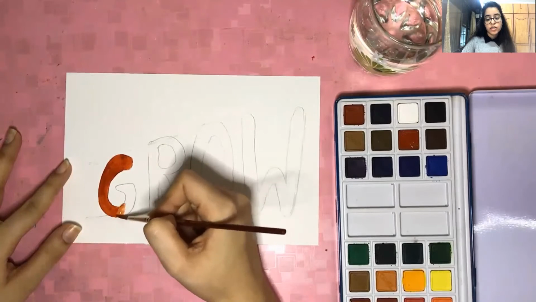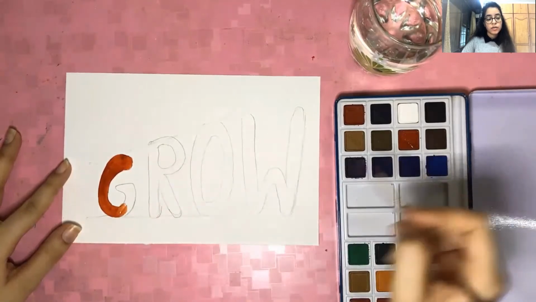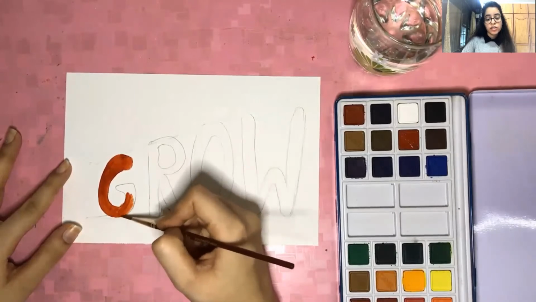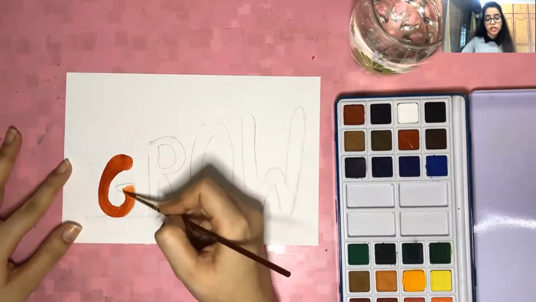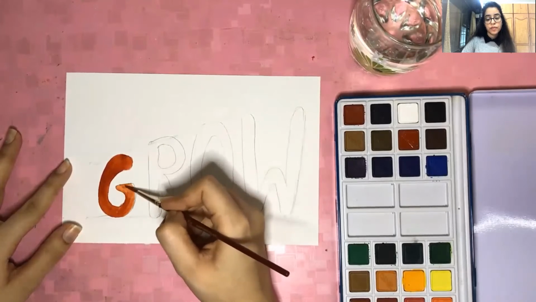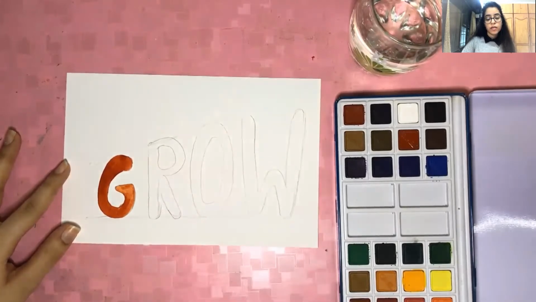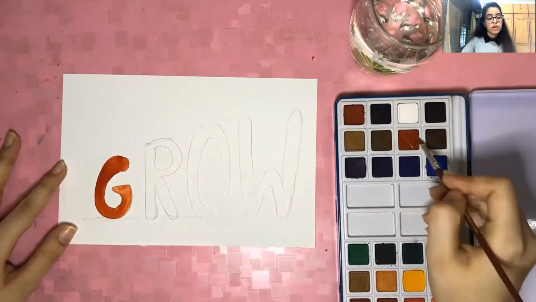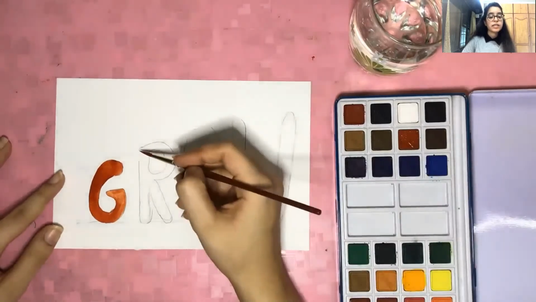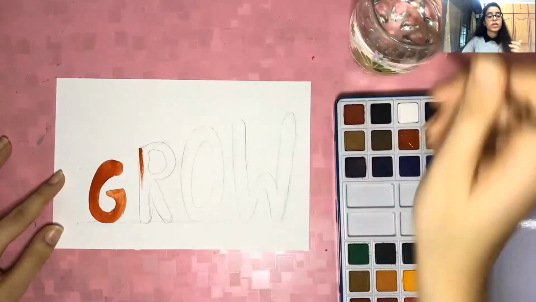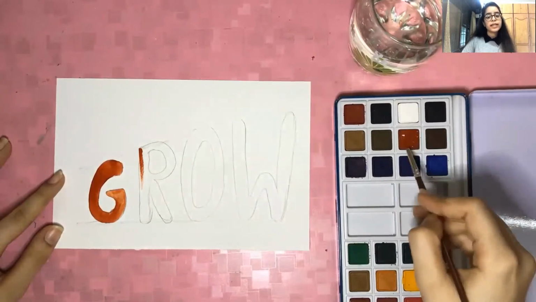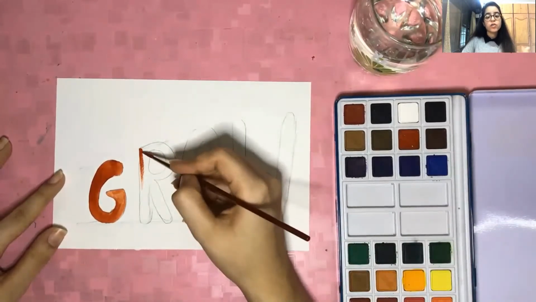I'm just done with the alphabet G. I'm adding color to the alphabet G over here. If you feel that the colors are drying up, the paints are drying up, no need to worry. You can just go ahead and add water to the paint, because this is the normal tendency of watercolors that they dry too early.